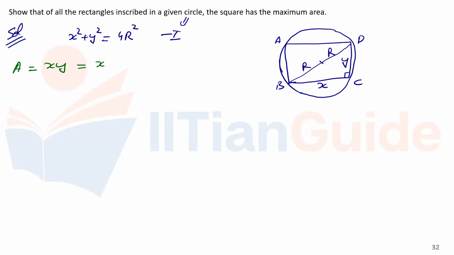I'm writing x, and the value of y I can write in terms of x, because I need to differentiate. The value of y we can write as under root 4r square minus x square. So I have got a relation that area is x into under root 4r square minus x square. Am I right? जल्दी बोलिए.